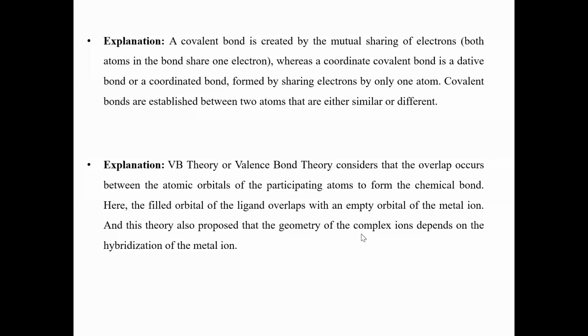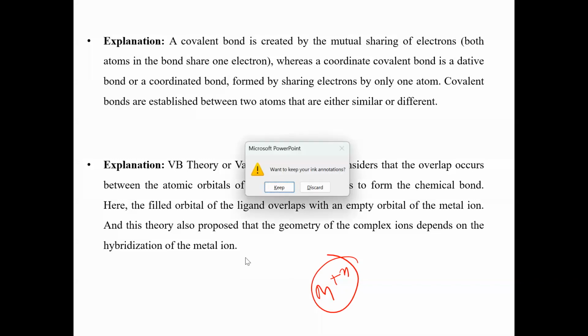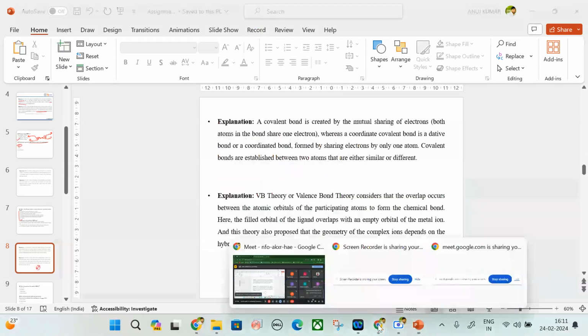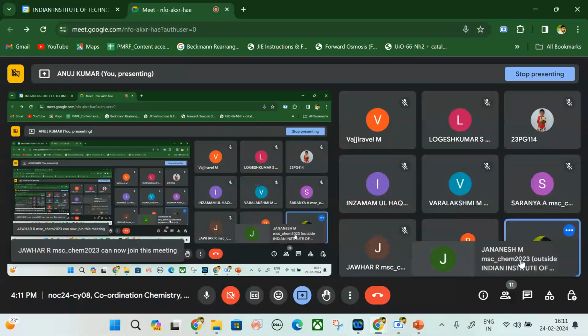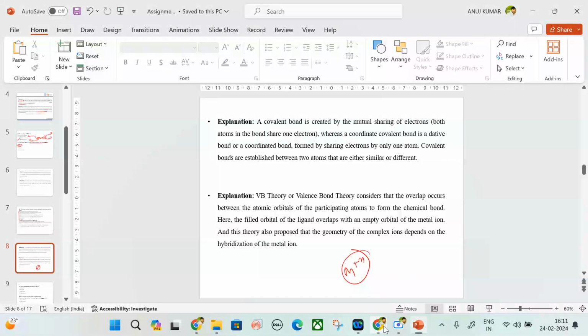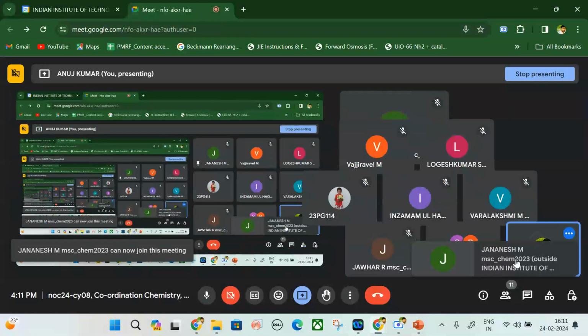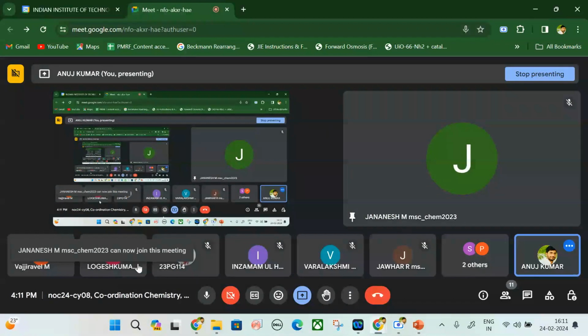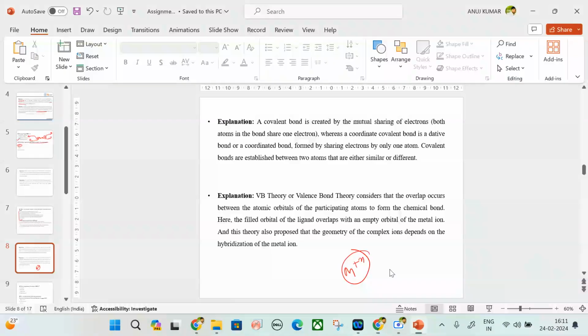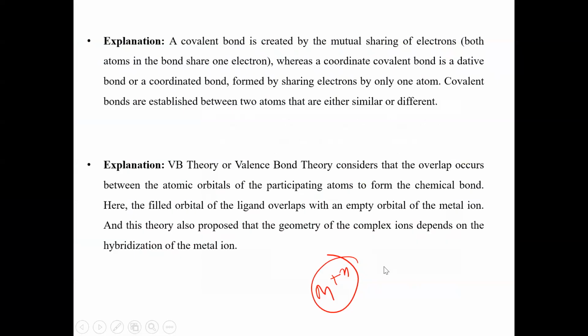Here, the filled orbital of the ligand overlaps. The metal is basically in some oxidation state, which means the metal is already electron deficient, because it is having some oxidation state.